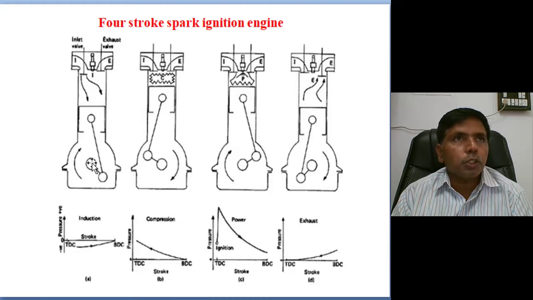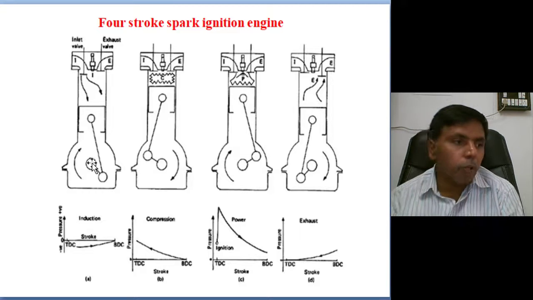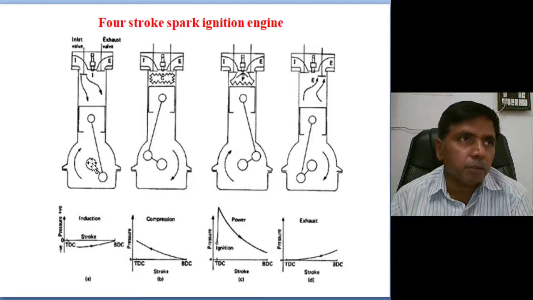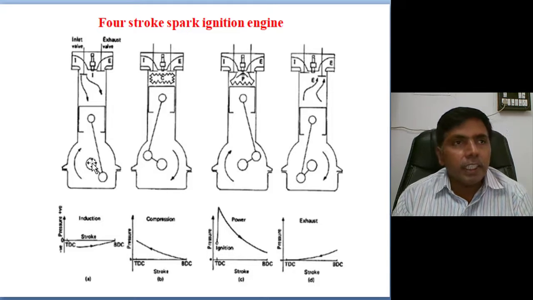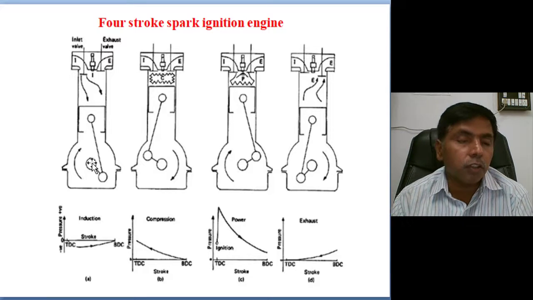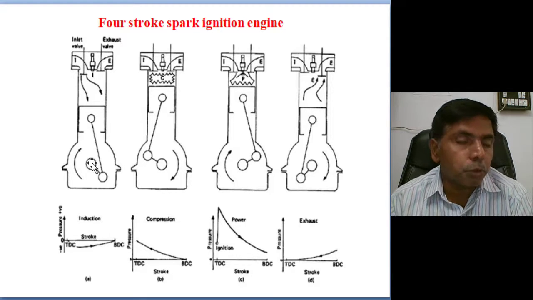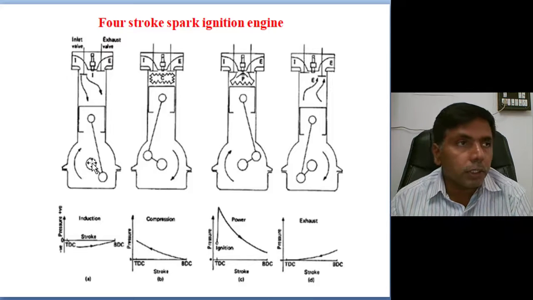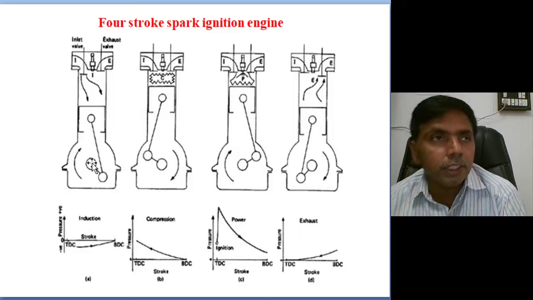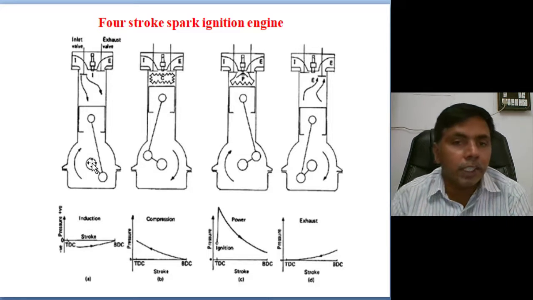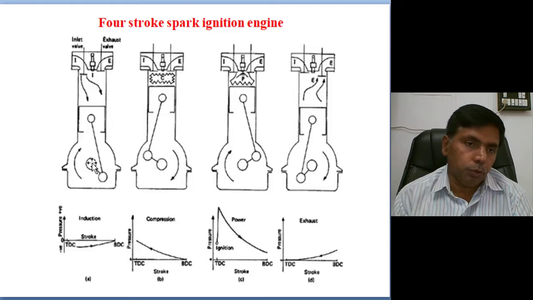If you complete these 5 processes in 2 strokes, 2 movements of the piston between the dead centers, or with 1 revolution of the crankshaft, it is called a 2-stroke engine. If you take 4 strokes, 4 movements of the piston between TDC and BDC, or 2 revolutions of the crankshaft, then it is called a 4-stroke engine.